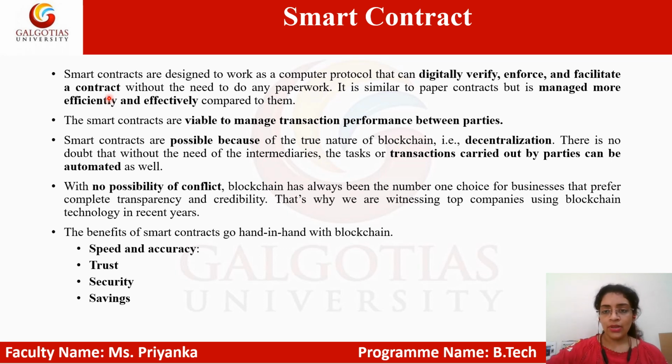So it digitally verifies, enforces, and facilitates a contract, right, without the need for any paperwork. And it is managed more efficiently and effectively compared to the paperwork we do. Because when we are doing manual work, we may skip something, or because of our lack of experience or lack of knowledge, we may skip some things.